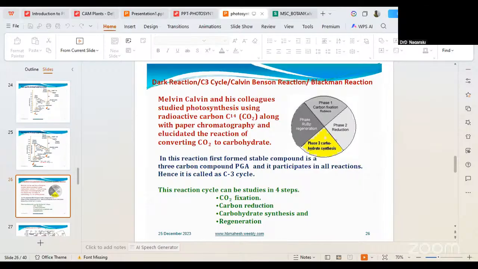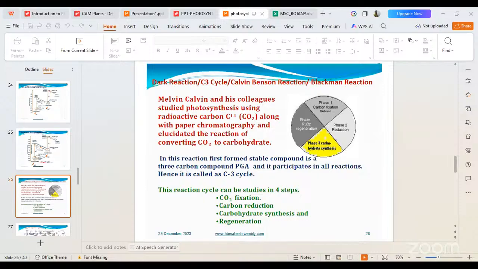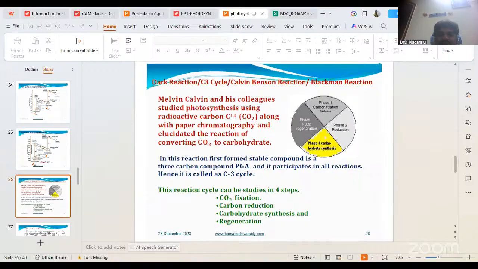Two 5 carbon molecules, 5 plus 5, 10; here 7 plus 3, 10. Sedoheptulose 7 phosphate plus glyceraldehyde 3 phosphate splits into two equal parts, one xylulose 5 phosphate and one ribose 5 phosphate.